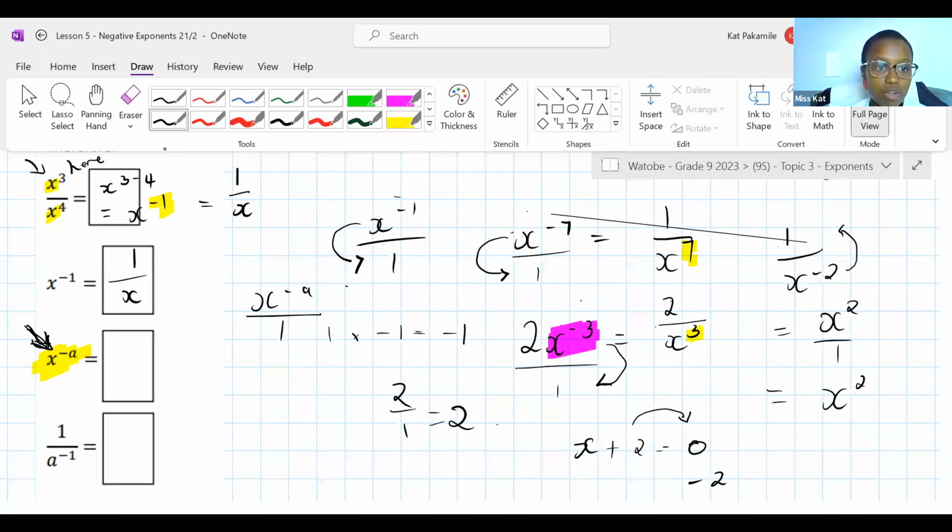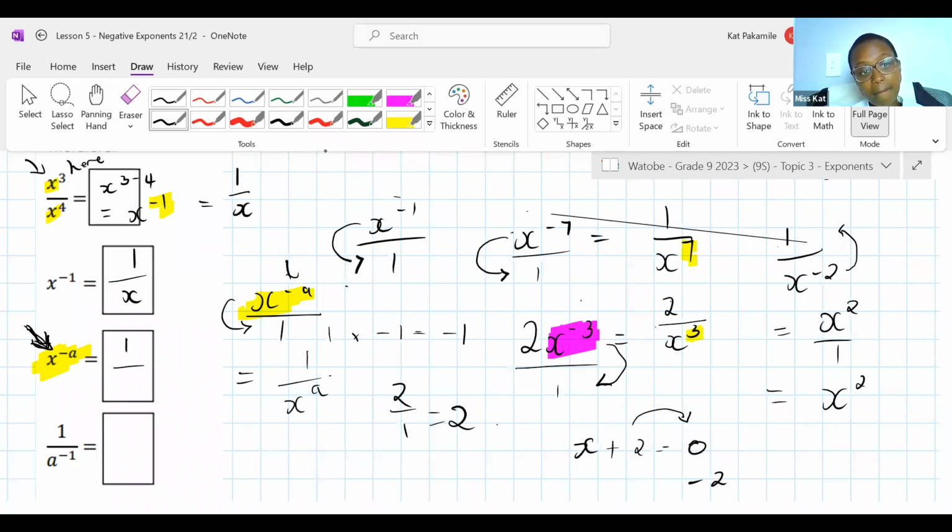So this is over 1. Now we want to move our variable to make it have an exponent that is positive. So if it's already in the numerator, where can we move it? We can only move it to one place, which is the denominator. So then you're gonna be left with 1 over x to the exponent of a. You see how easy that is?